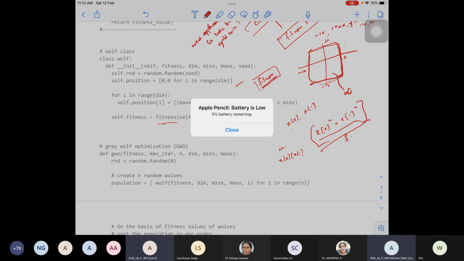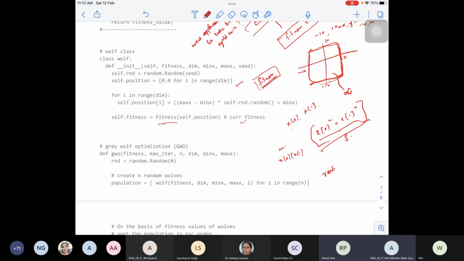Sir, I have one doubt. How to use the Rastrigin function for feature selection? Can you elaborate on it? Somewhere I have seen the code. The Rastrigin function is not used for feature selection.